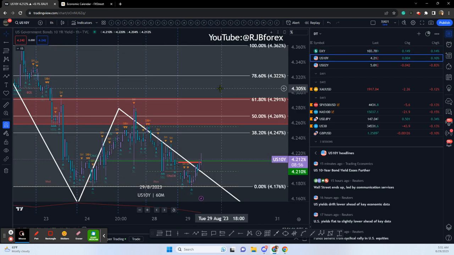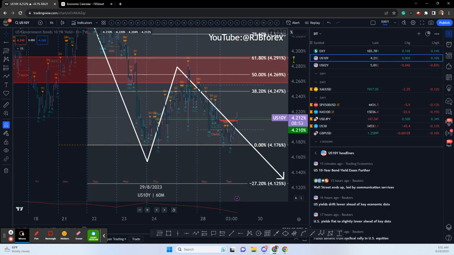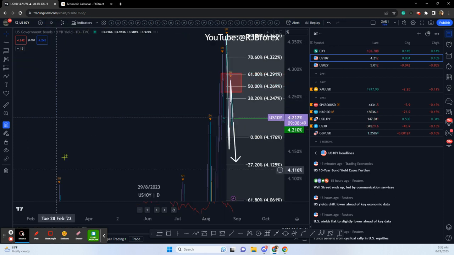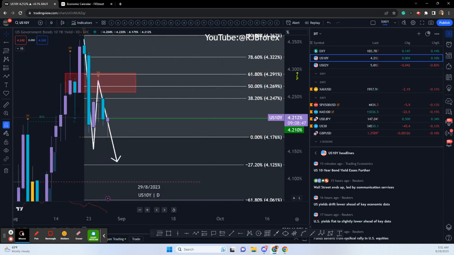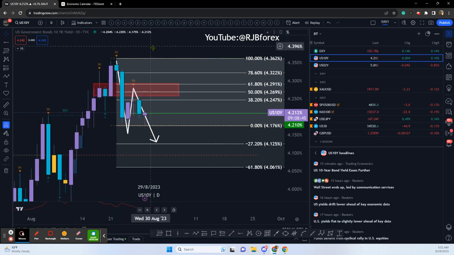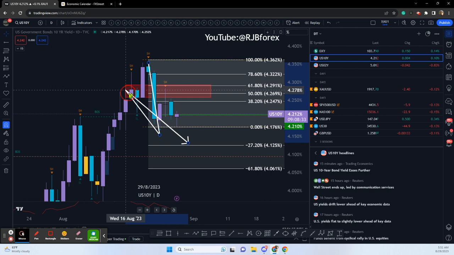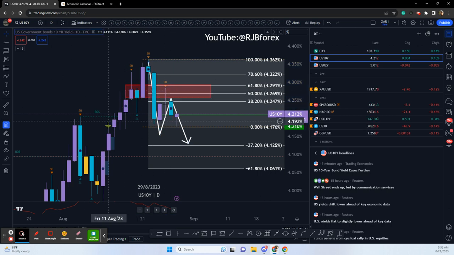Yields on the 10-year, we've carved out this sort of M formation. We've come up into the neckline of that M formation. So first leg, neckline, second leg, testing the neckline.